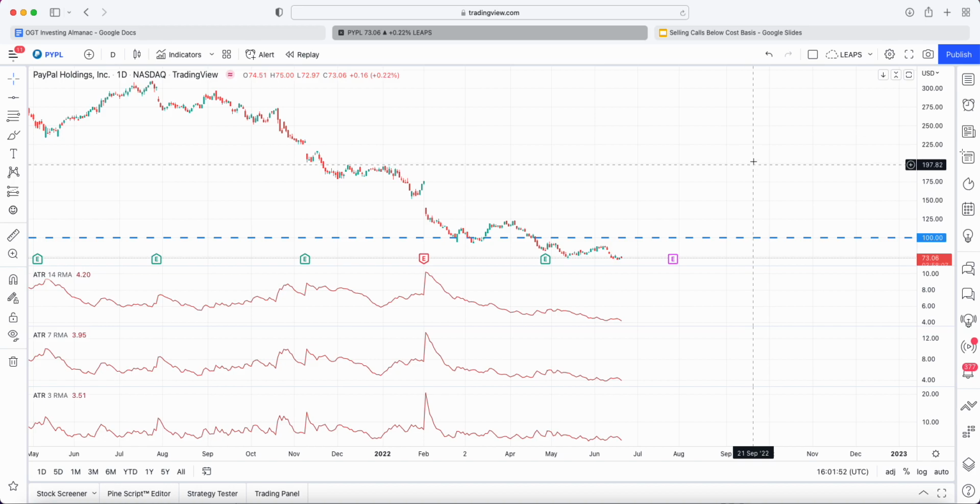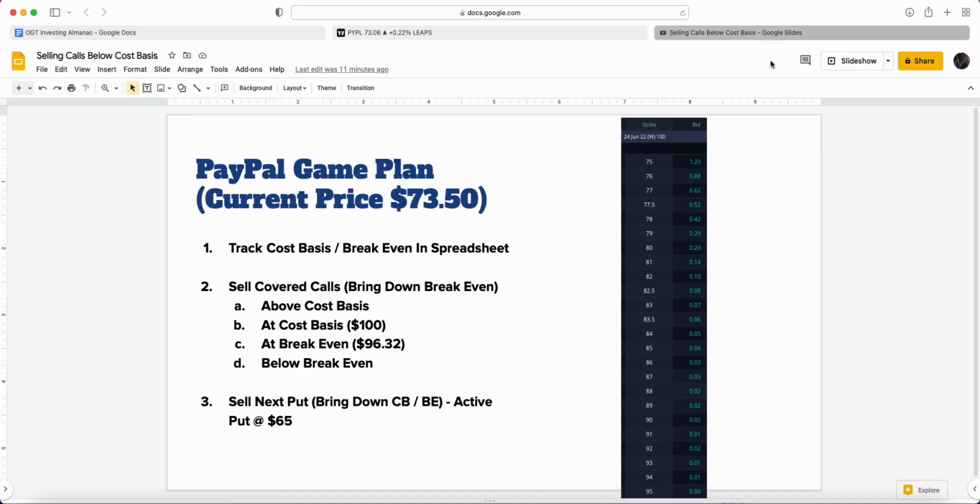So what I look at is also how much money I actually want to make for the risk I'm putting on, because you have to remember you can be assigned before expiration date. That's something you need to bear in mind. I don't mind doing it because I don't believe you will ever be called away on your shares if your strike is above the current price.